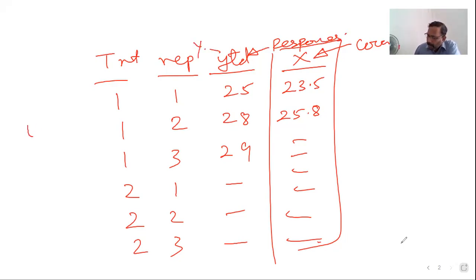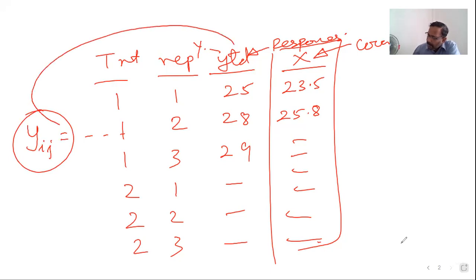Can you remember in the model, we write it as Yij, and so on. So what is this Yij? This is the observed value, nothing else. When you say X and Y, what is that? Yesterday I mentioned that.